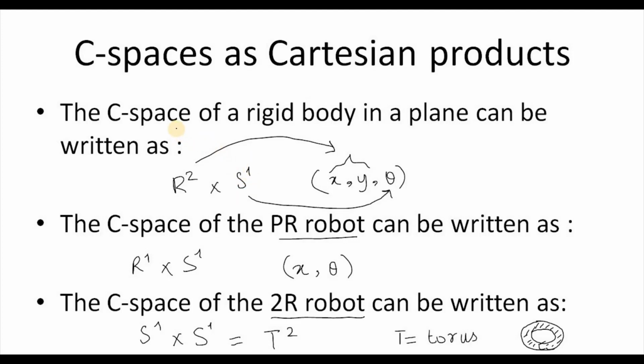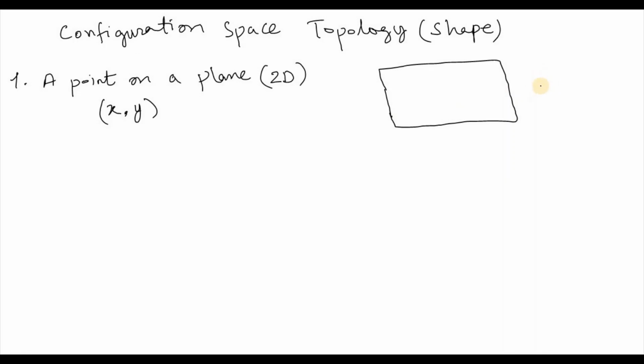So a point has no dimension, so it will have no orientation. That means this portion will not be present. Only this portion will be present. This is the mathematical representation of a two-dimensional space. Mathematically, it can be written as Euclidean power 2 or R power 2. This 2D space, x and y.